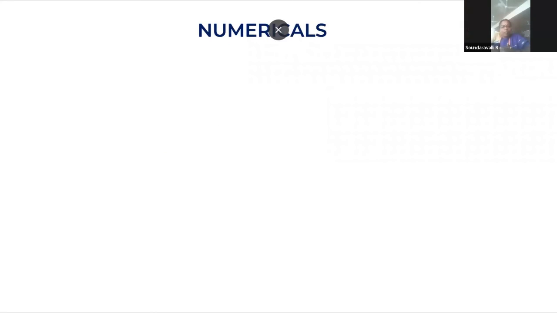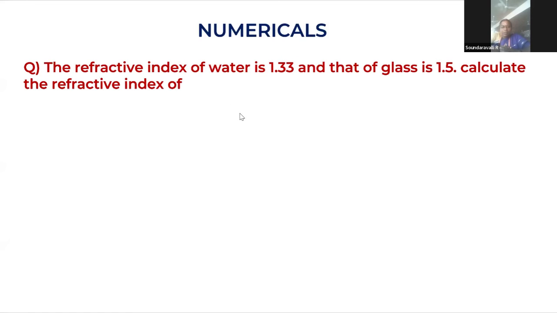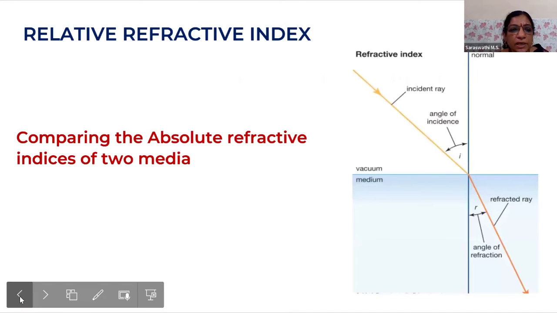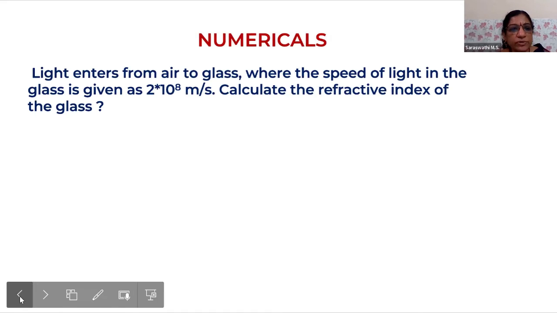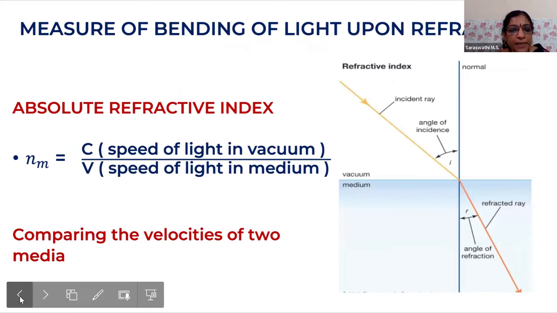When one of the media is air, n equals c by v. Comparing the absolute, no, this is relative refractive index before that. Speed of light in vacuum by speed of light in the medium gives you absolute refractive index.